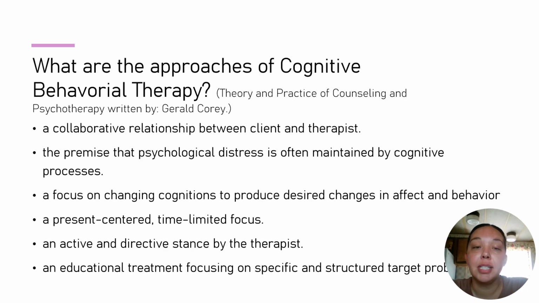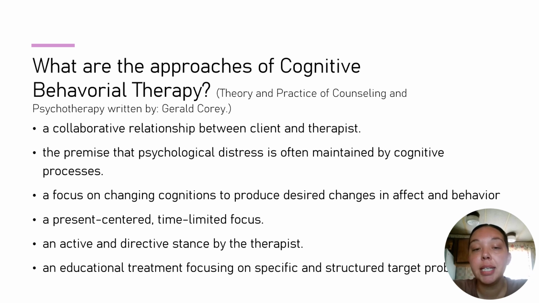What are the approaches to cognitive behavioral therapy? This is according to the textbook titled Theory and Practice of Counseling and Psychotherapy, written by Gerald Corey. So first of all, you want to have a collaborative relationship between the client and therapist. Second, the premise that psychological distress is often maintained by cognitive processes.